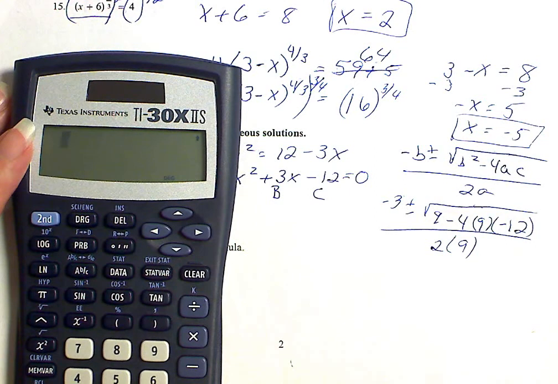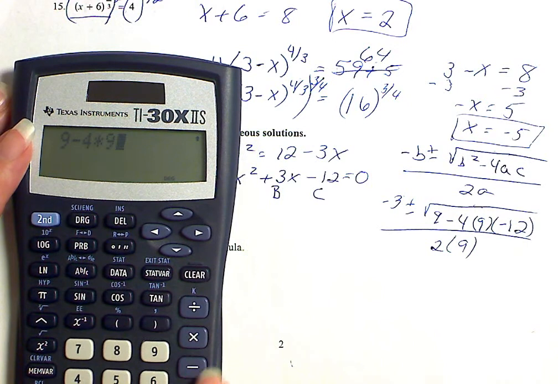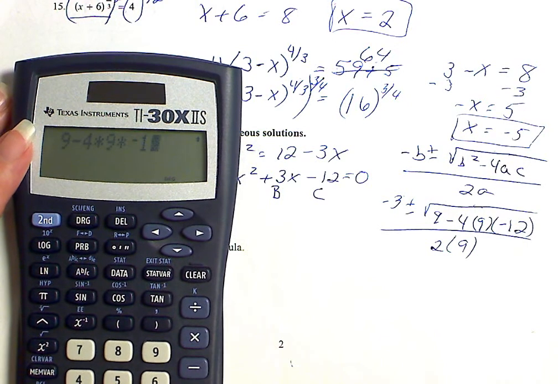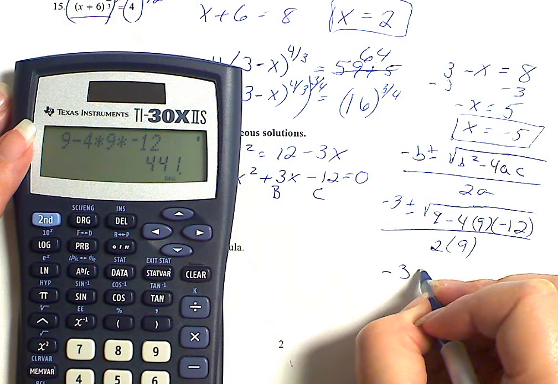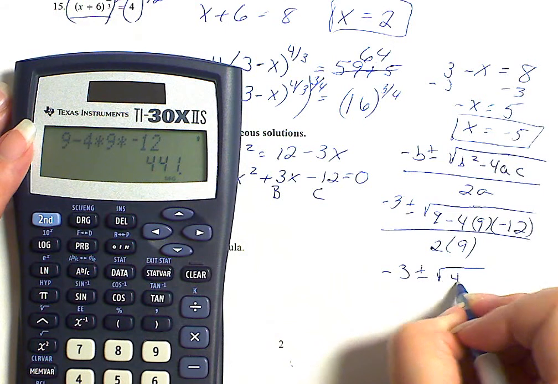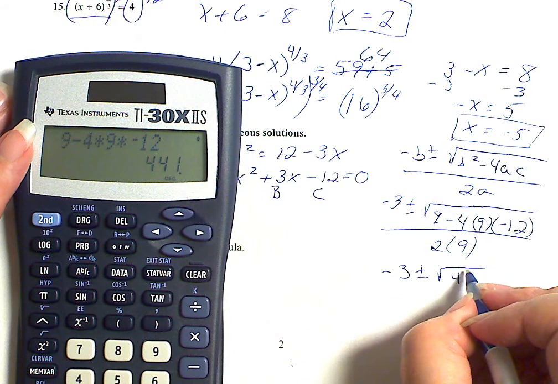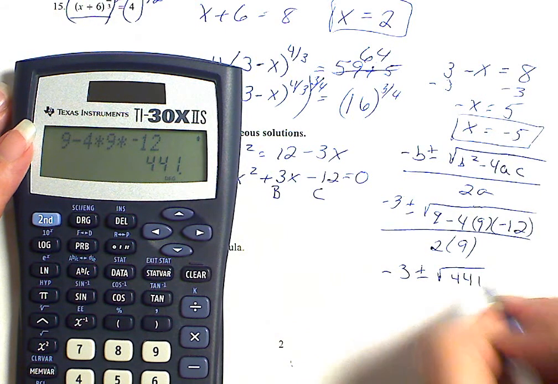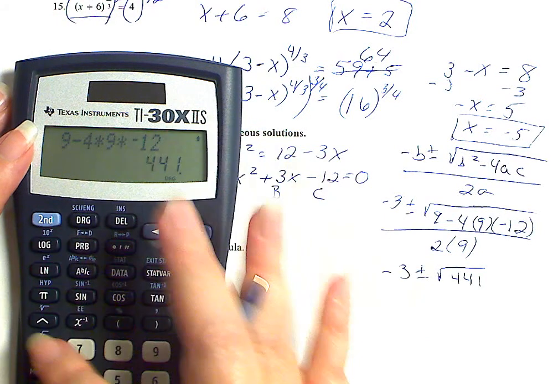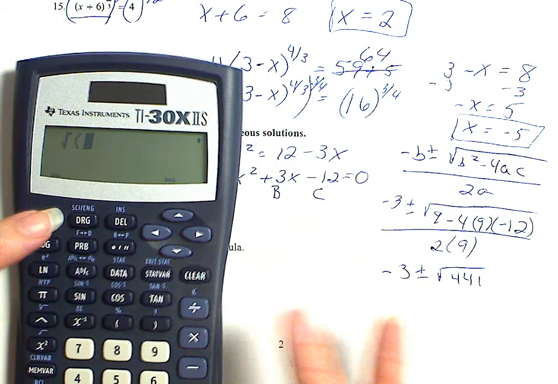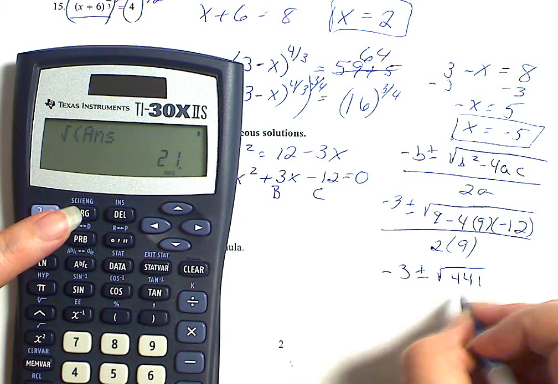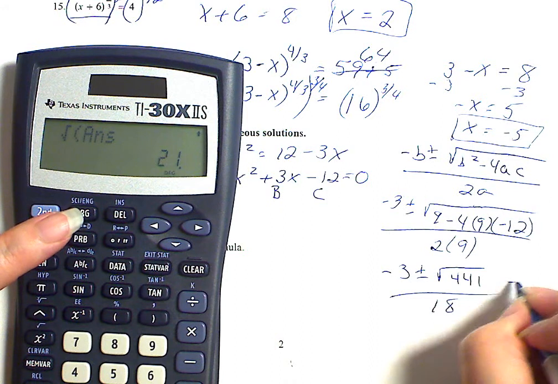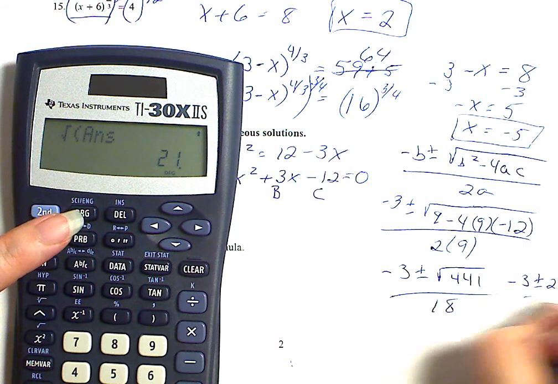So we have 9 minus 4 times 9 times negative 12. All over 18. So we have negative 3 plus or minus 21 over 18.